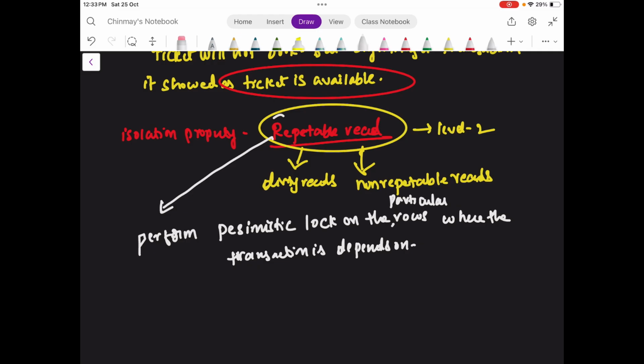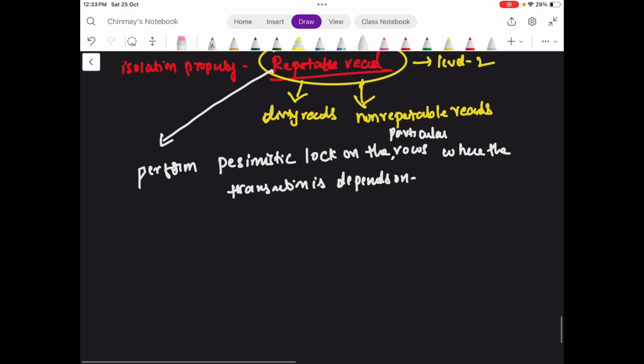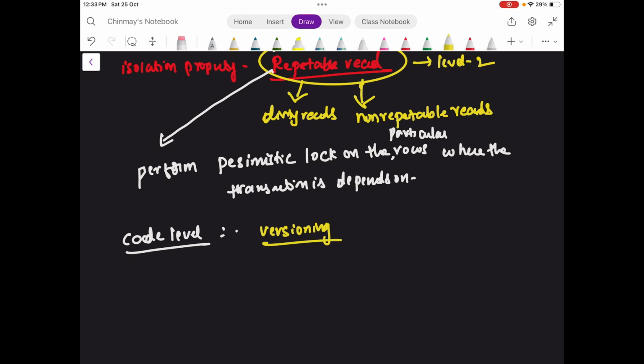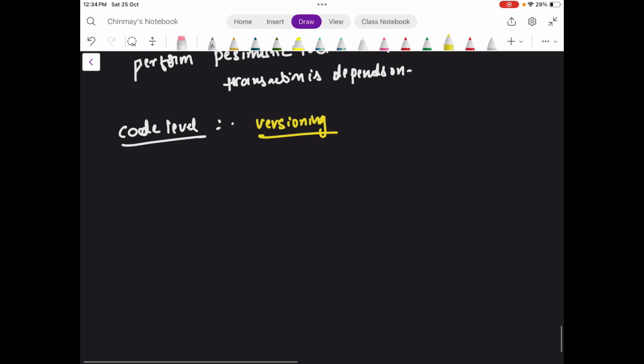Okay, another solution is we can solve it at the code level also. How can we solve it at the code level? By using versioning. How will it work? Okay, let's see.